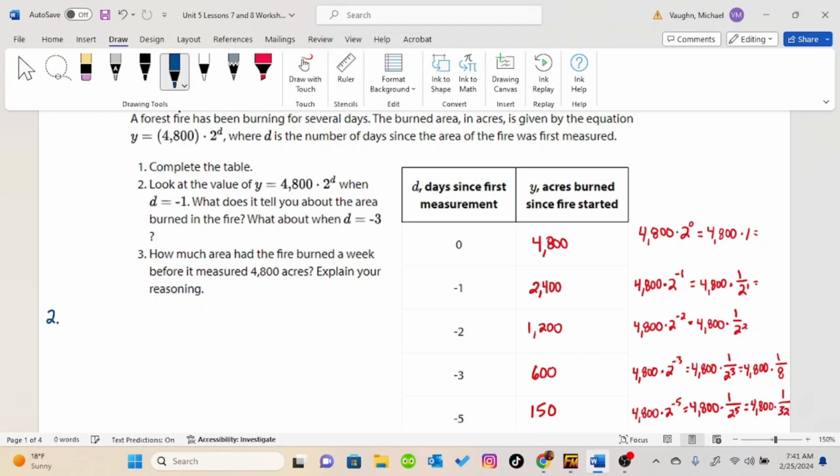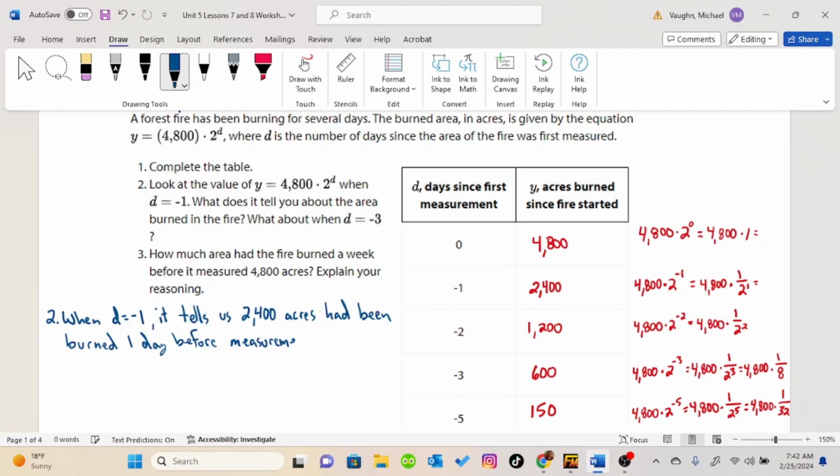So for number 2, when d equals negative 1, it tells us 2,400 acres had been burned 1 day before measurements had been taken.